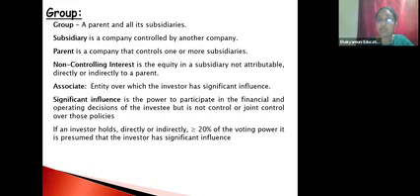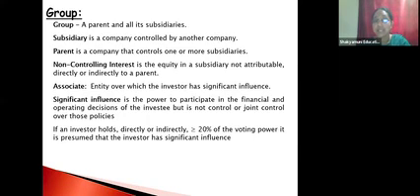It has a power to govern the policies. But company A also has certain powers. What powers does company A have? Company A has a power for participation. It has a power to participate in the financial and operating decisions of the company. What is participation? Participation means involvement. It can raise its voice. It can say what its decision is. But the ultimate decision is with the parent company, that is company C, but it has a significant influence.